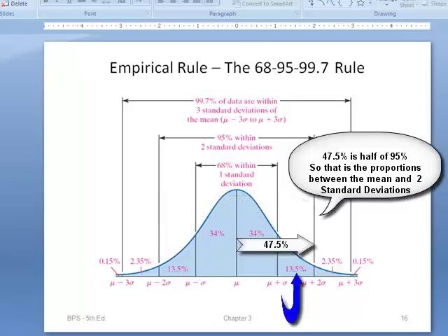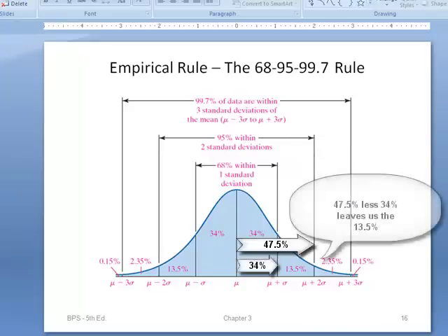So if I want to find that little chunk between 1 standard deviation and 2 standard deviations, I would take the 47.5, the percentage that could be from mean to the 2 standard deviation, and subtract off that 34% that is between mu and 1 standard deviation, leaving us 13.5%.